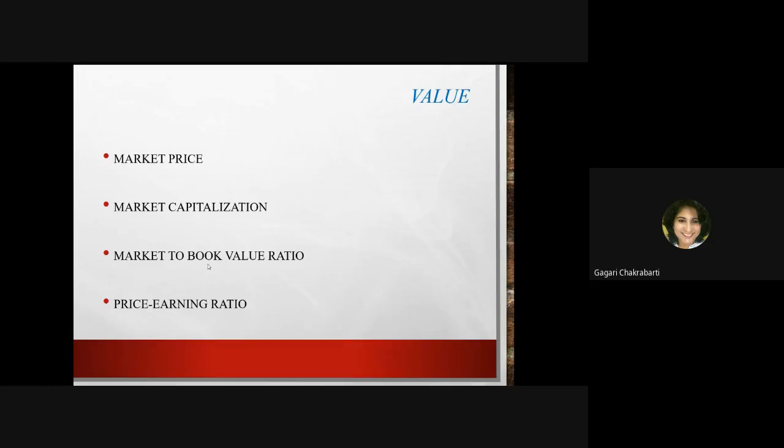So if the market feels that you should be highly valued, you will be highly valued. So your prices will be high. It may be the case that you are not fundamentally strong, but still you have a very high price. So the market price reflects the market sentiment, and it gives you the perceived growth opportunity of the firm.